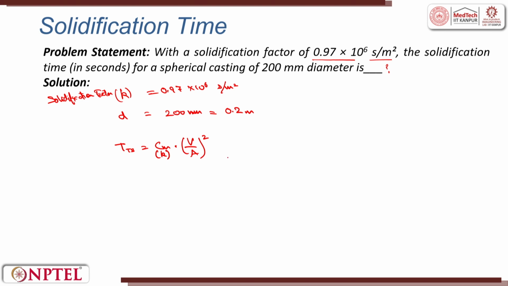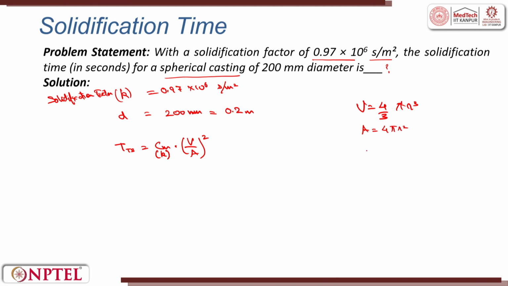So here V by A, the volume is 4 by 3 pi r cube, because it is a spherical casting, and area is equal to 4 pi r square.